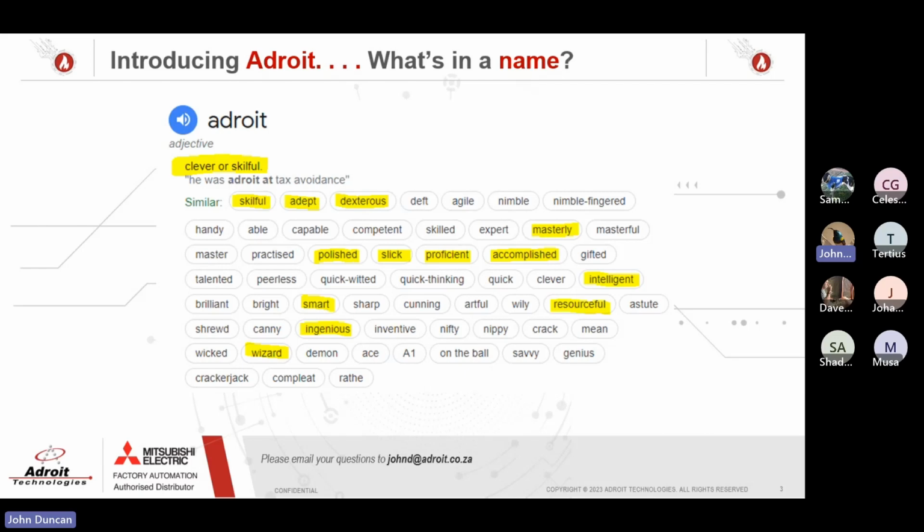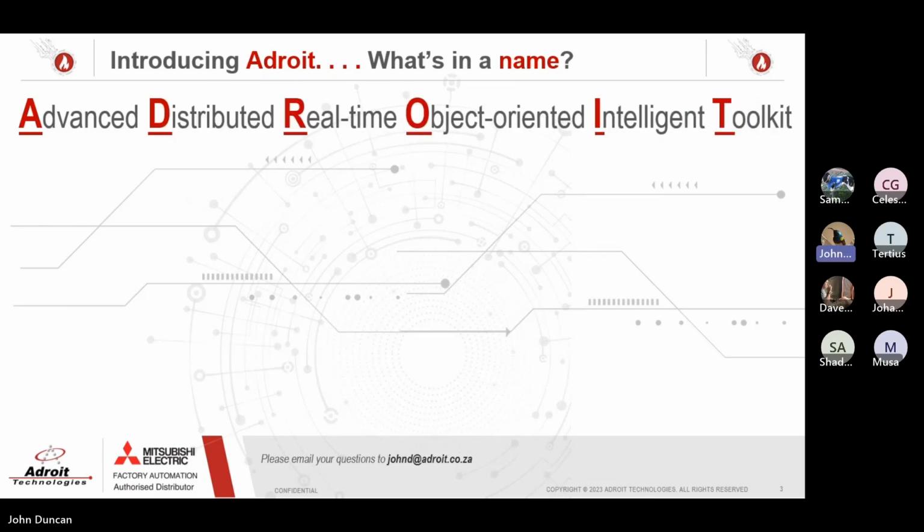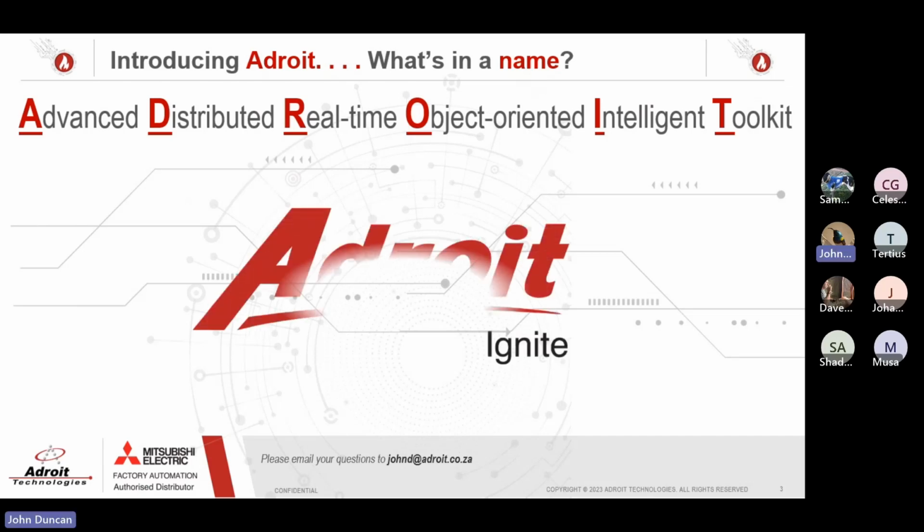As well as being of French origin for the name, we have also created an acronym which stands for Advanced Distributed Real-Time Object-Oriented Intelligent Toolkit. So that's the basic meaning of what the word Adroit is.